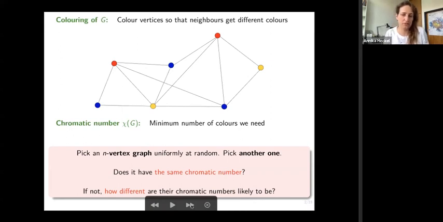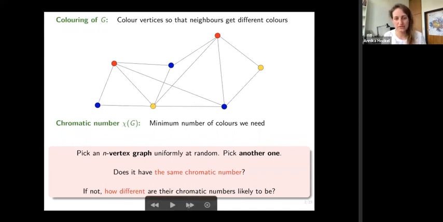Until recently we didn't know a lot about how different the chromatic numbers are likely to be. We had an upper bound, but not much of a lower bound. In this talk, we will look at some lower bounds, at least for some n.